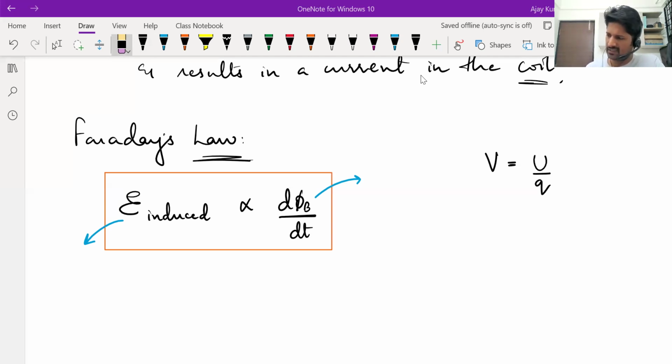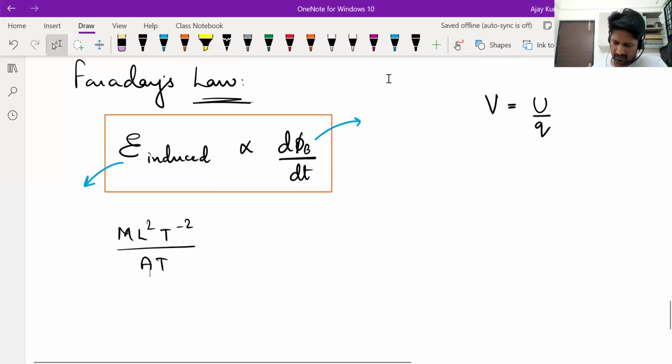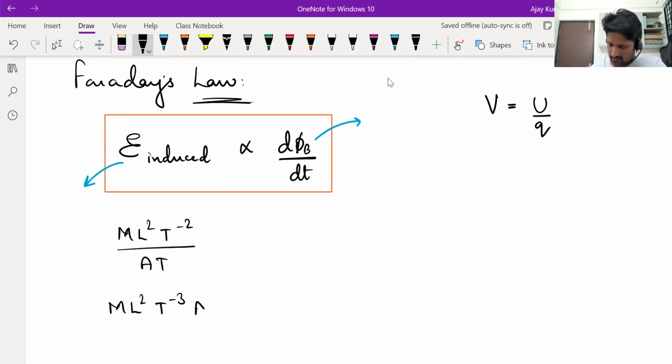So energy or work, force multiplied with displacement, will be M L square T power minus 2, divided by charge, which is current into time. So the dimensions on the left hand side are M L square T power minus 3 A power minus 1. Right hand side, magnetic flux.